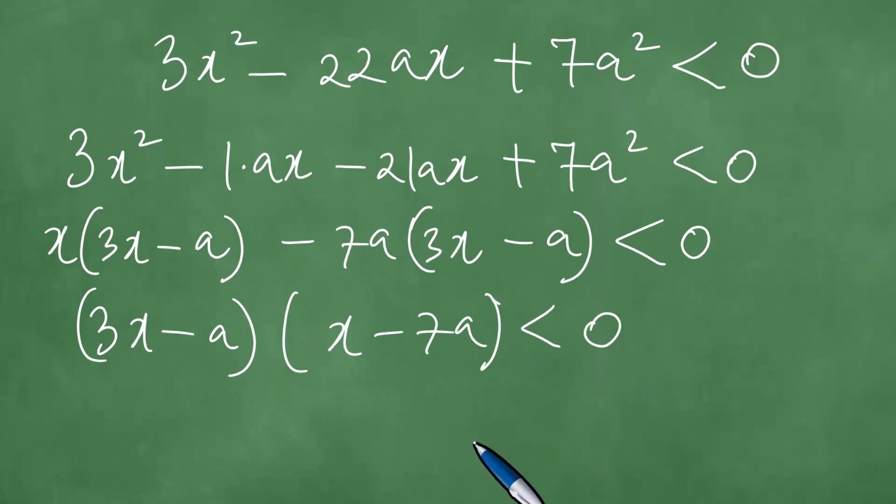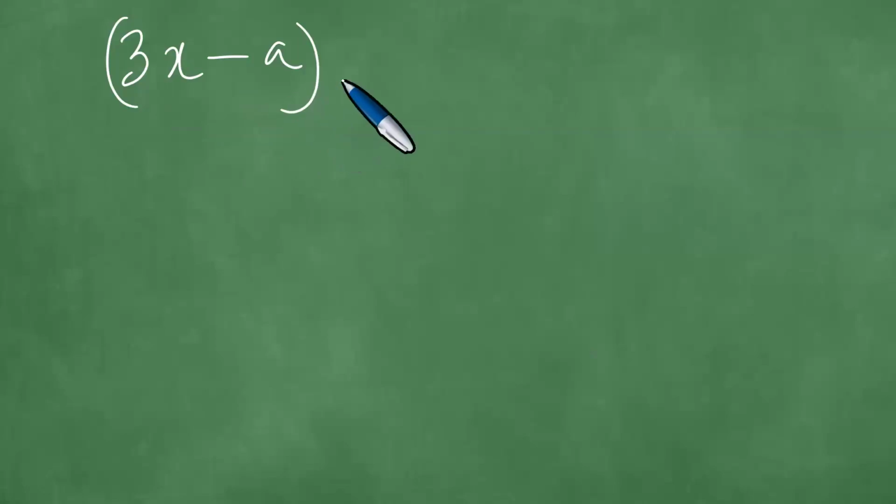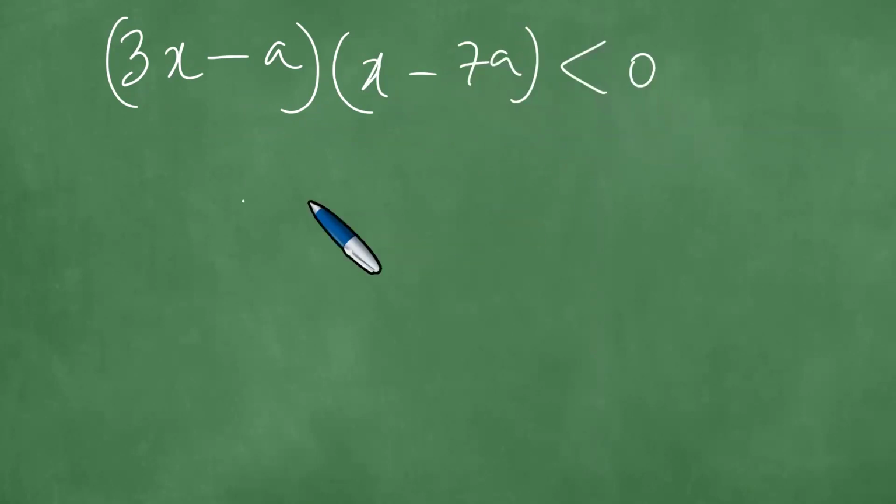Okay, so these are the factors that we have here. We have 3x minus a times x minus 7a is less than 0.